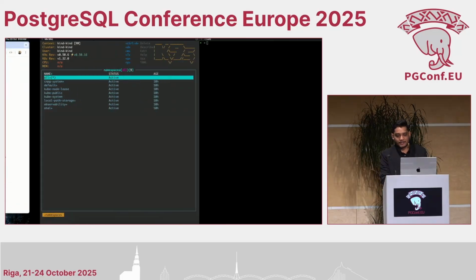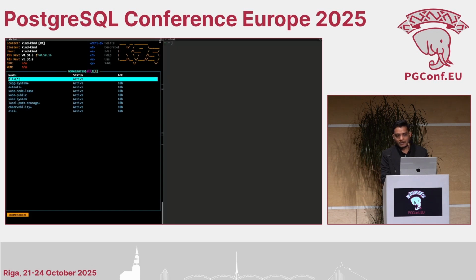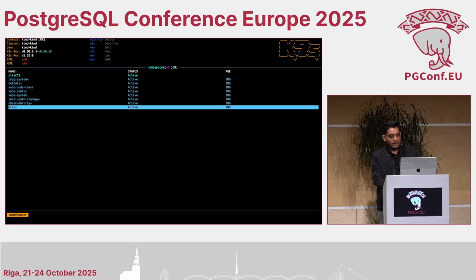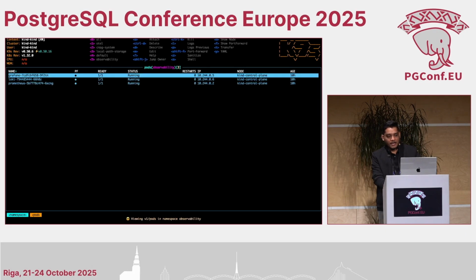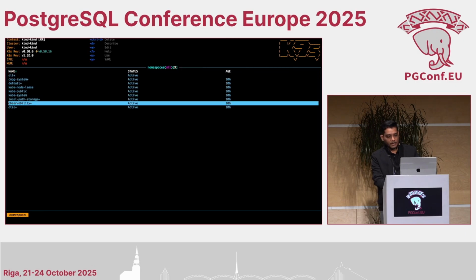I'm using this tool called K9s for my Kubernetes clusters to better visualize my cluster here. I have already deployed these. For the observability backend, I have deployed Grafana, then we have Loki and Prometheus, which are running inside containers.